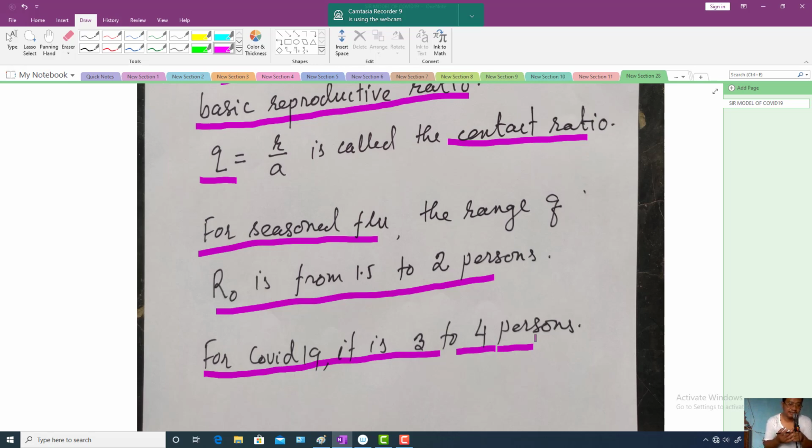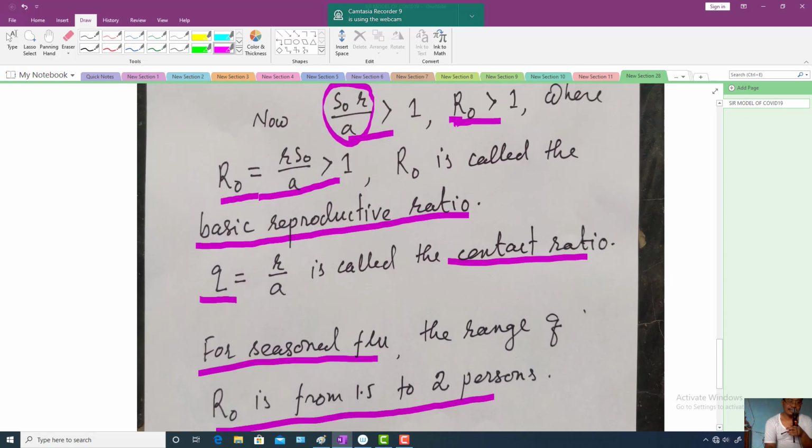So if the number of infected people is more, the increase in Delhi is also higher. From this we calculate that for COVID-19 R naught is about 3 to 4, and for seasonal flu it is about 2. That is why COVID-19 is very dangerous, and the pandemic is happening worldwide.